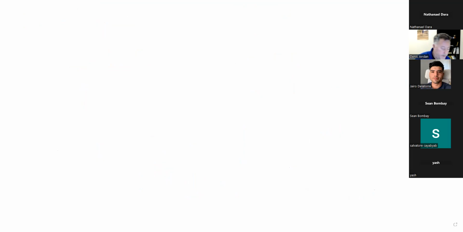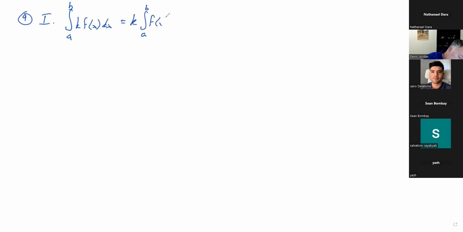Okay, which of the following properties are true? So the integral from A to B of K f of x dx. They said it's equal to K times the integral from A to B of f of x dx.